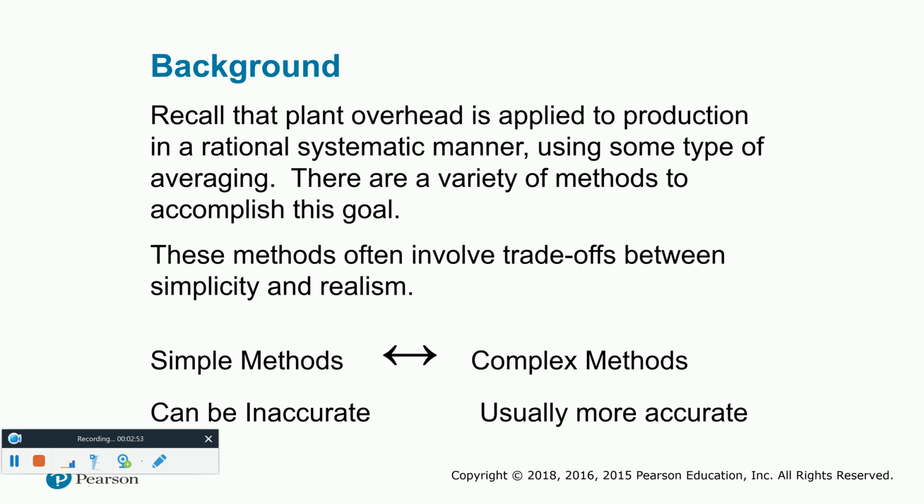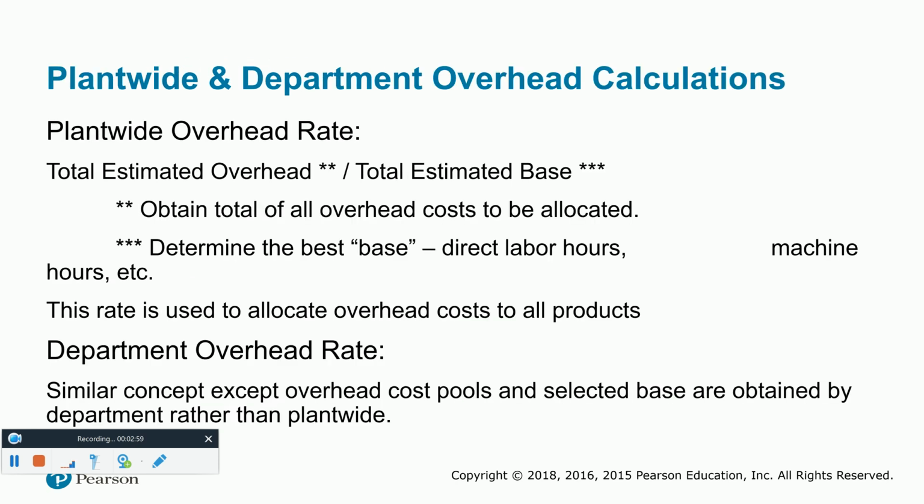This is called a complex method. With these complex methods, once again called activity-based costing, we are going to be able to more accurately apply cost to each unit. All right, so with that said, you can see the slide in front of us. This is what we learned in prior chapters. We come up with a plant-wide overhead rate.